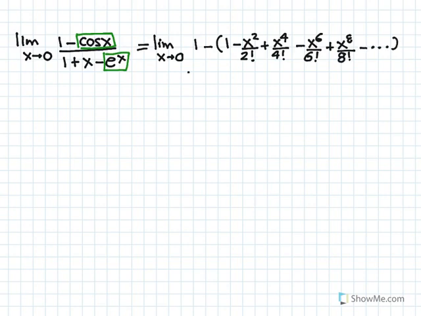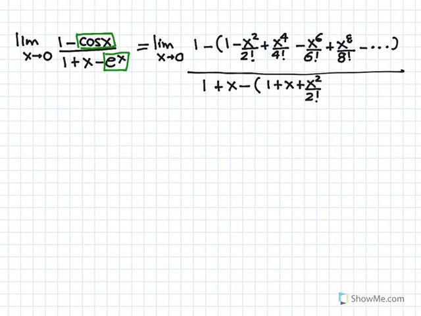And in the denominator, we have 1 plus x minus the Maclaurin series of e to the x, which is 1 plus x plus x squared divided by 2 factorial plus x to the power of 3 divided by 3 factorial plus x to the power of 4 divided by 4 factorial, and so on.